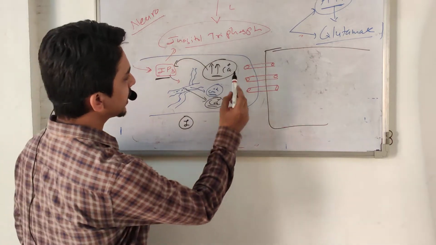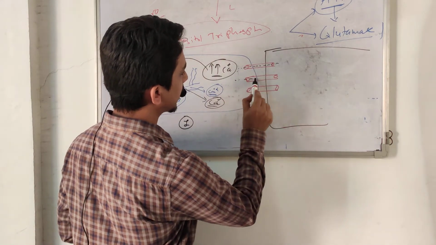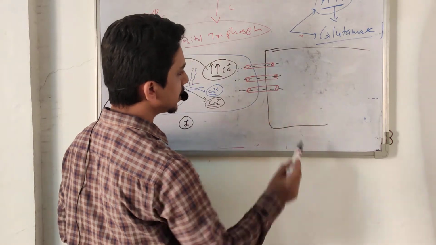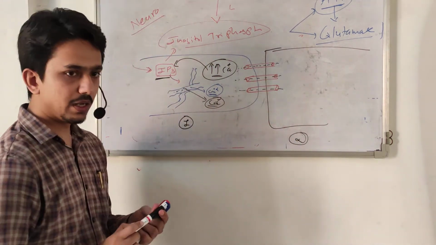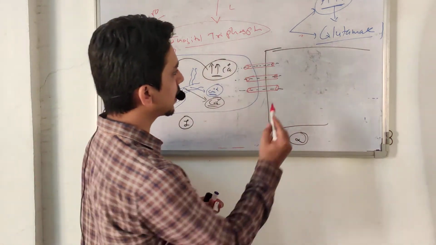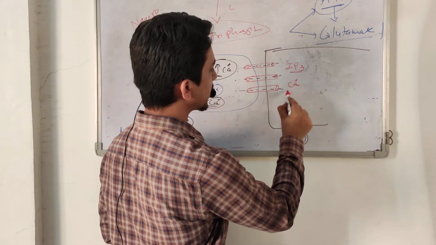This IP3 and calcium can now travel through these microtubules to the next cell, the second cell. What do they do here? Now IP3 is here, and calcium is also here.